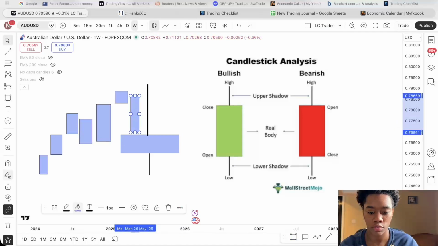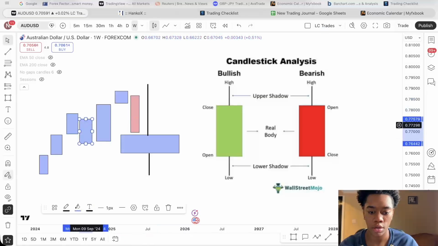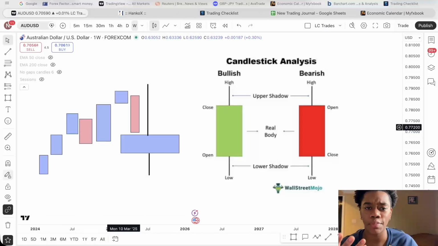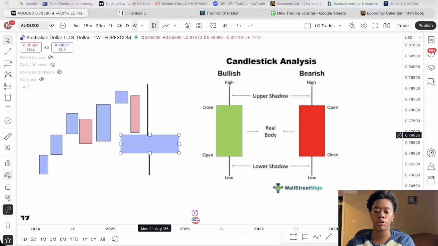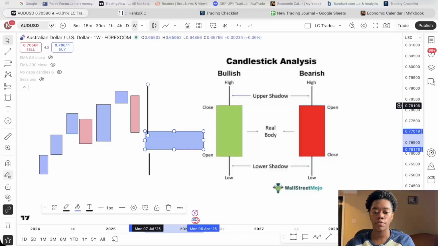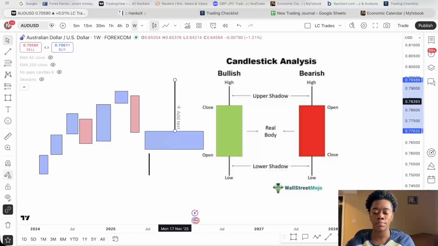So this would be a red, and this would be a red. Sorry that I don't have the wicks joined in there, maybe I should have done that before I started the video. But this is kind of what price is going to look like on a lower time frame, and all of that represents everything that happened on this daily time frame.